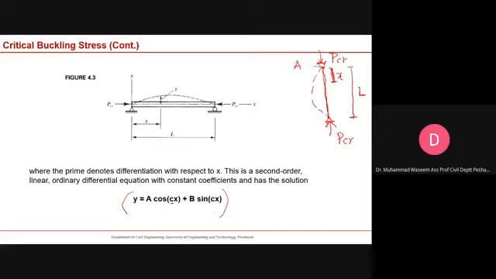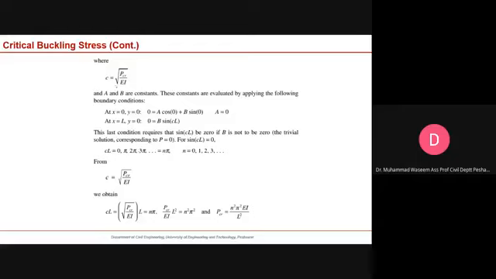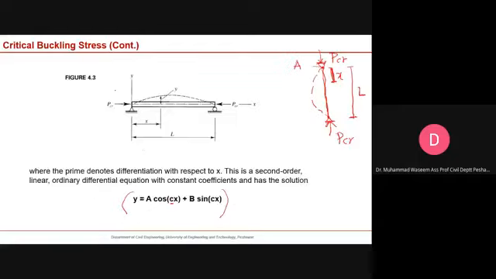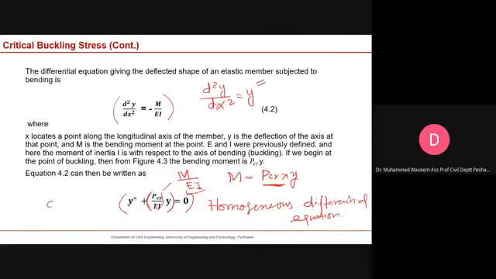In this, C takes this value. If you go to this equation, C is the square root of PCR by EI divided by its coefficient, which is 1.